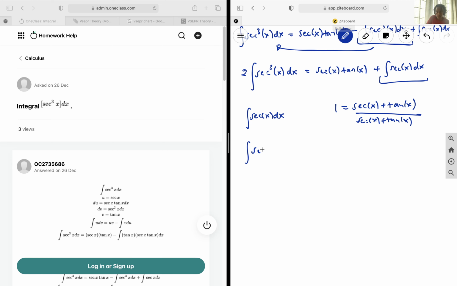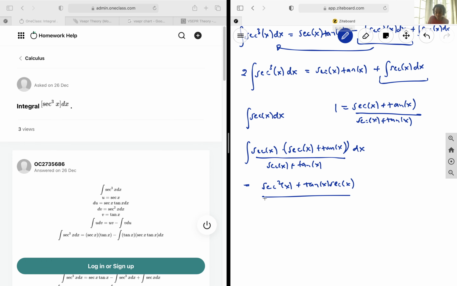And so we get the integral of secant x multiplied by secant x plus tan x, all over secant x plus tan x, dx. And so we're going to write this out again to get secant squared x plus tan x secant x over secant x plus tan x dx.